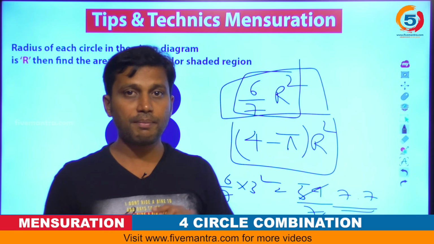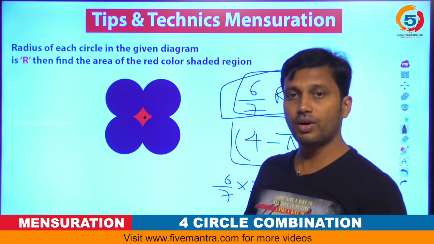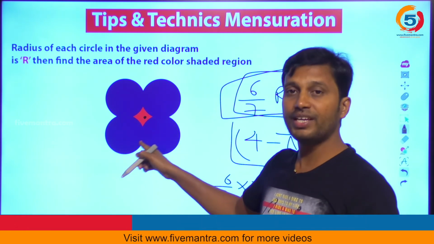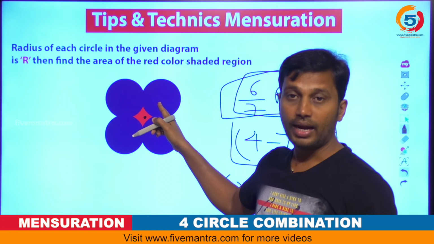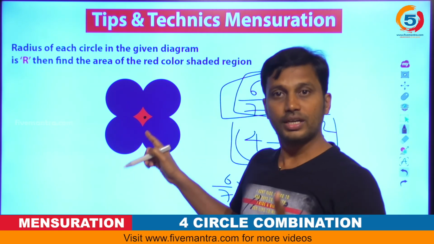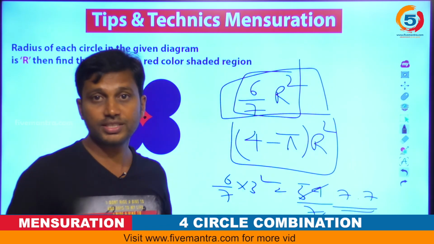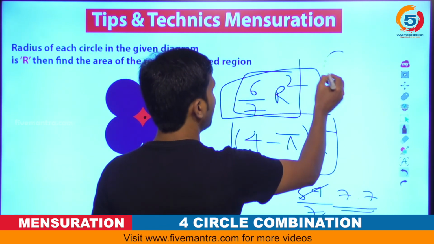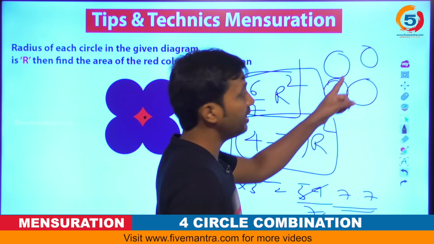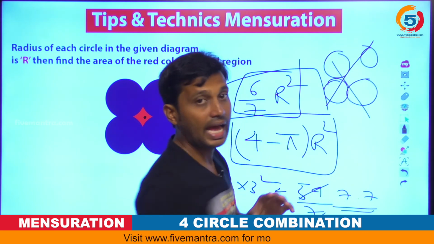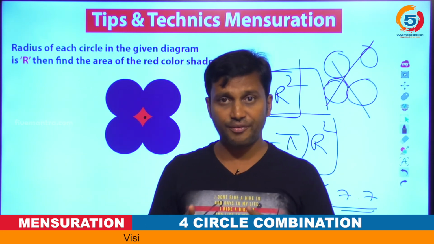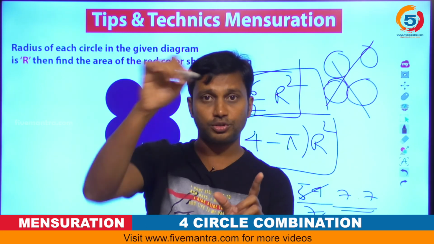And what should be the points to be remembered here? All the circles must have equal radii, first thing, and each circle should touch another 2. It's not like some third circle is not touching; in that case it cannot be applicable. All the circles should be arranged in such a way that each circle touches the remaining 2 circles.